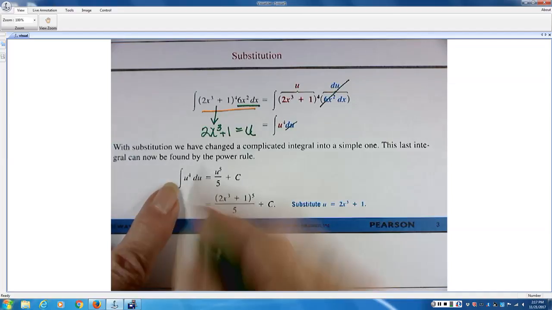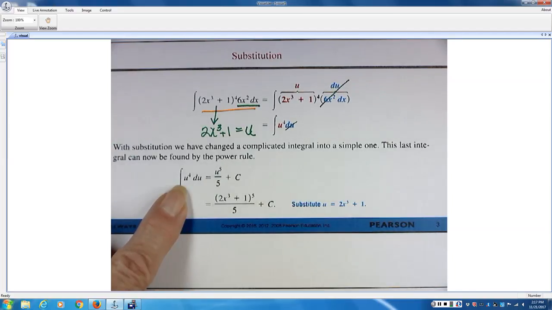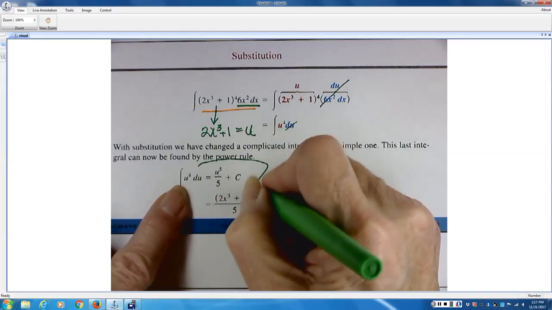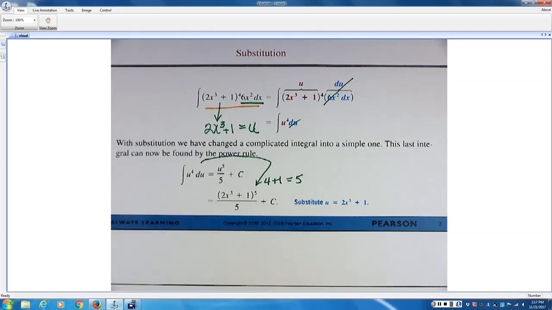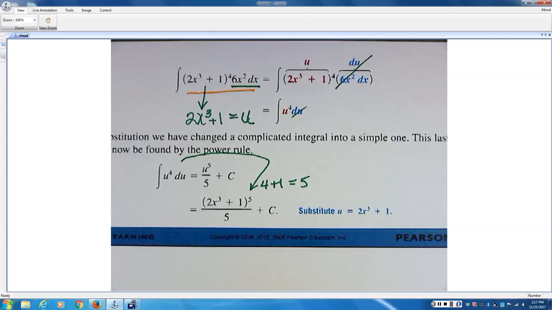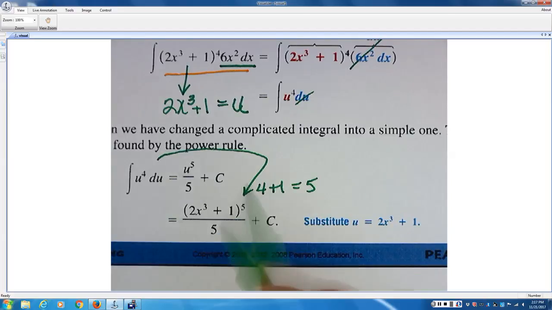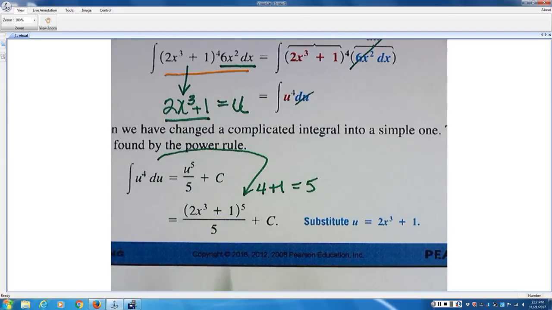So if I'm taking something raised to the fourth power and I'm integrating it, what I do is I add 1 to the power. Four plus 1 equals 5. I keep that same value that was inside there, I put it back in there, 2x cubed plus 1. And then, just like I do with any other power, I also divide by that power.